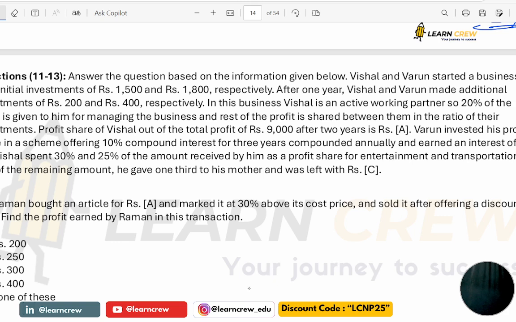Now the ratio of the profit shares. It is 1500 plus 1500 plus 200 for Vishal, whereas for Varun it is 1800 plus 1800 plus 400.